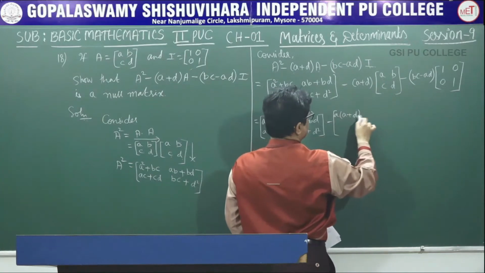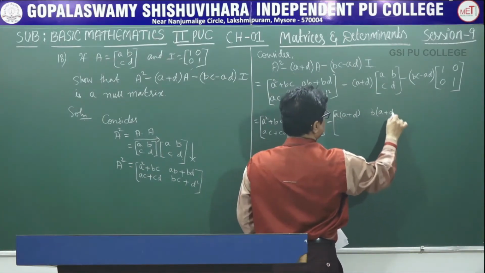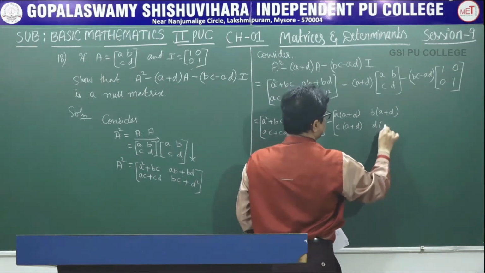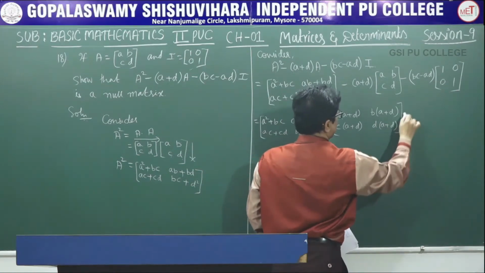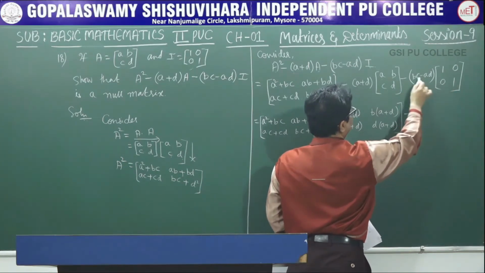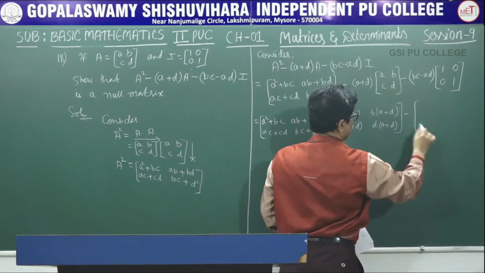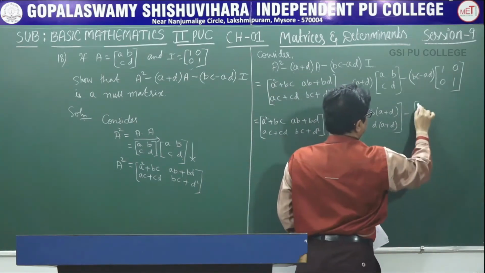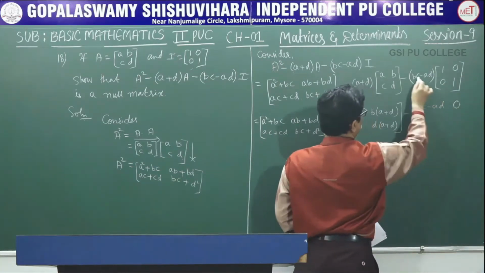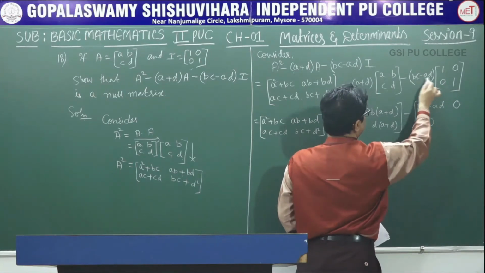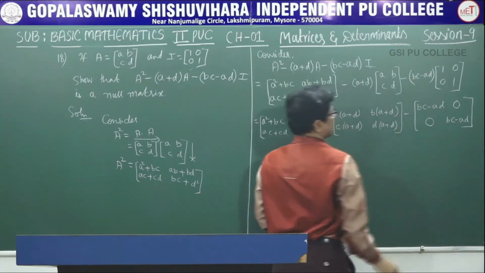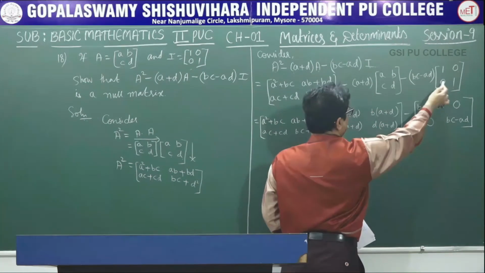So A into A plus D, B into A plus D, C into A plus D, D into A plus D minus, we multiply the elements of this identity matrix by BC minus AD. So we have BC minus AD into 1 is BC minus AD, BC minus AD into 0, 0, BC minus AD into 0, 0, BC minus AD into 1, that is BC minus AD. This is also the scalar multiplication of a matrix.